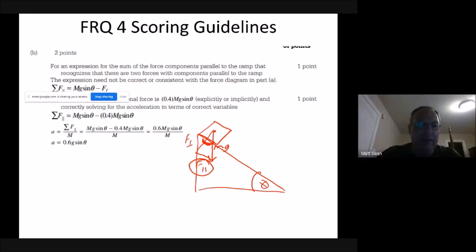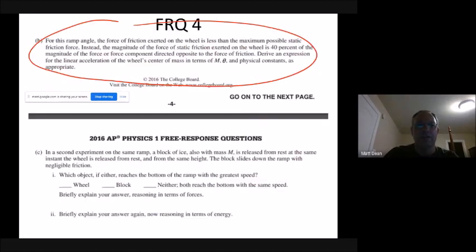And we could find that by saying sine of theta, remember theta is this angle right here, is equal to the opposite side, F parallel, over mg. Which means that F parallel is equal to mg sine theta.